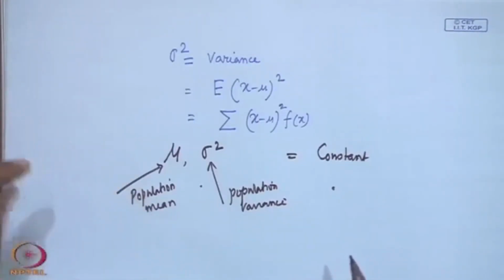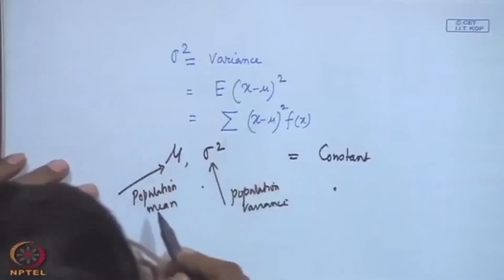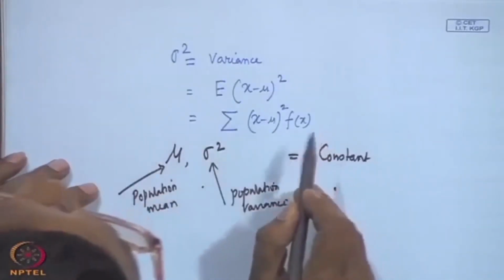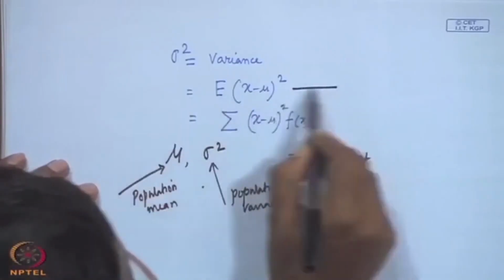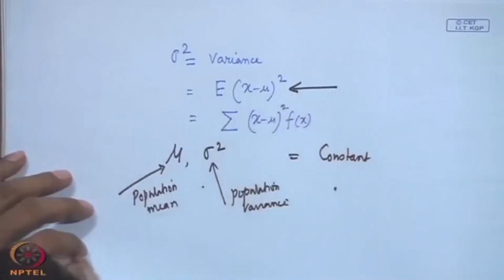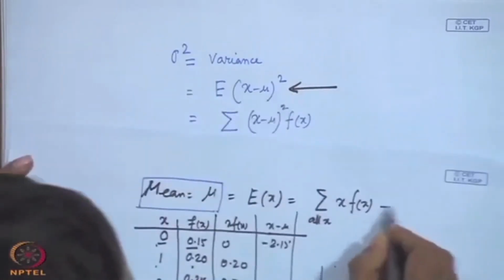Here we have assumed a very finite, small size population and calculated something like this. Actually the population size is infinite. You will never get all values of x if the size is infinite. So you cannot compute this, but you can only expect something. That is why the term expectation is used here.